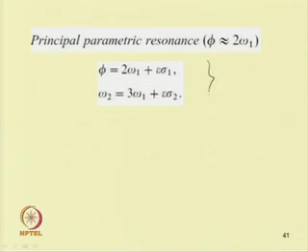To study the principal parametric resonance case, the external frequency phi is taken nearly equal to twice the first mode frequency, using the detuning parameters sigma 1 and sigma 2. The second mode frequency was taken as thrice the first mode frequency. So, this is for internal resonance and this is for external resonance.